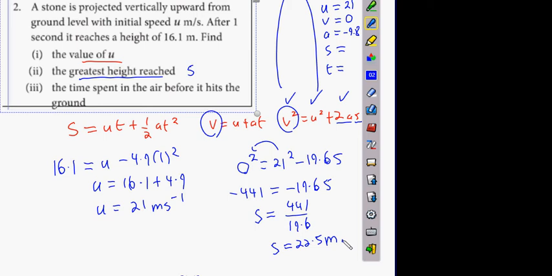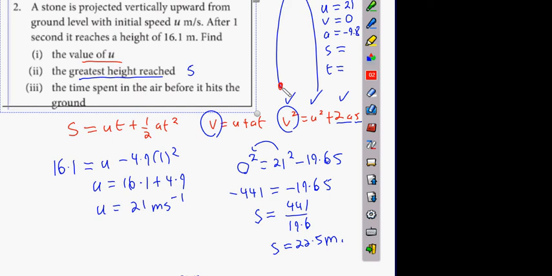Now, the time spent in the air before it hits the ground. What you've got to remember about this flight is it's symmetrical, okay? So the part I just did, the greatest height reached, what I said was you start off with u equals 21.